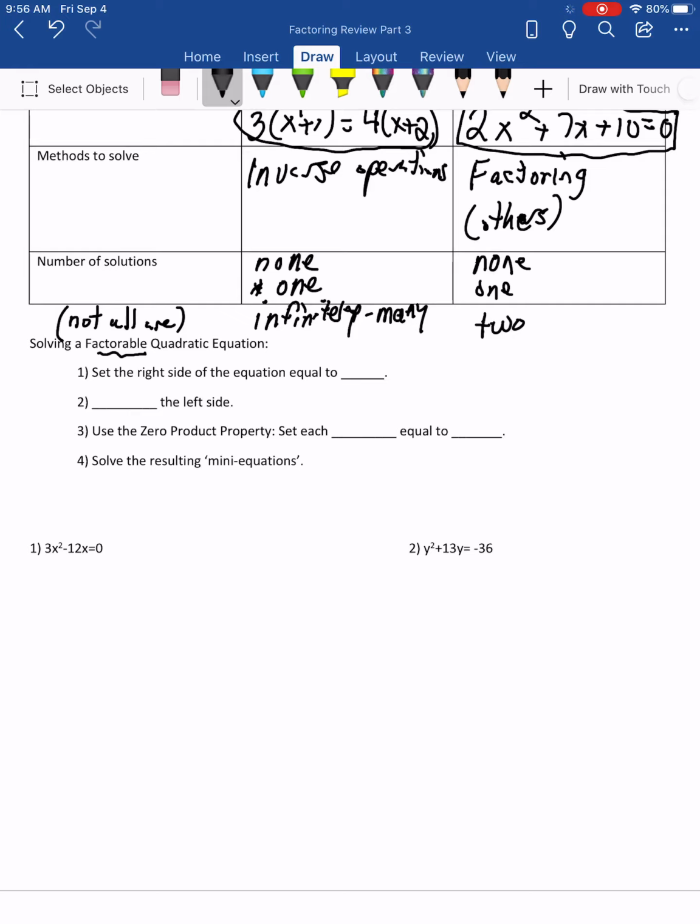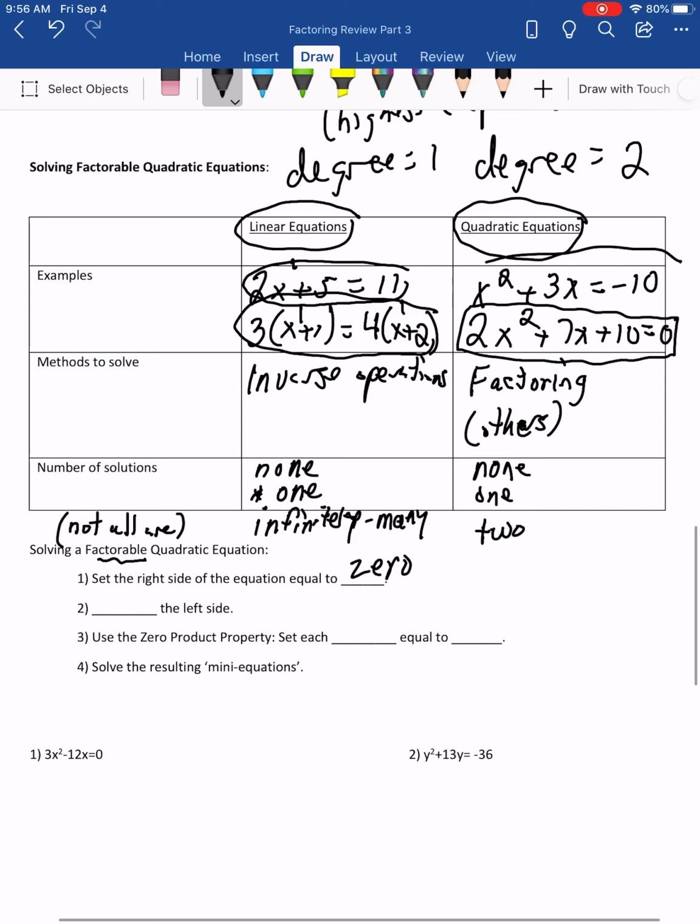So your first step in solving a factorable quadratic is set the right side of the equation equal to 0. All right. So if you look at these two over here, the bottom one is already set equal to 0. The top one is not. So you would, of course, want to add 10 to both sides to make it set equal to 0.